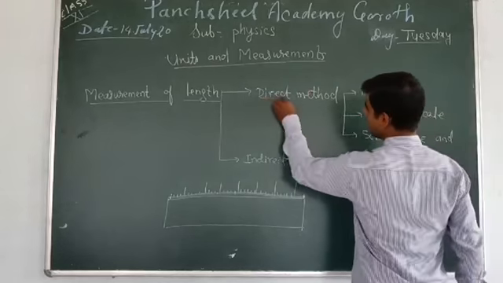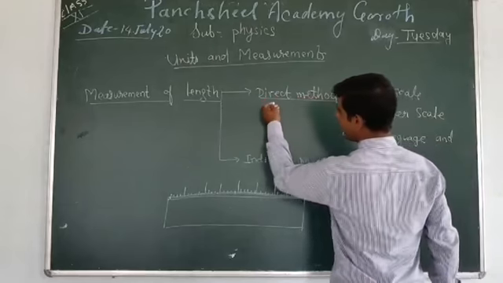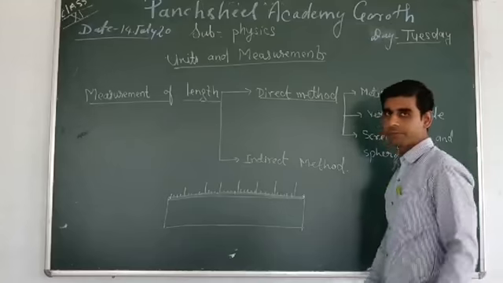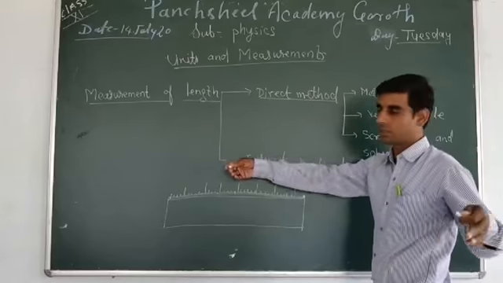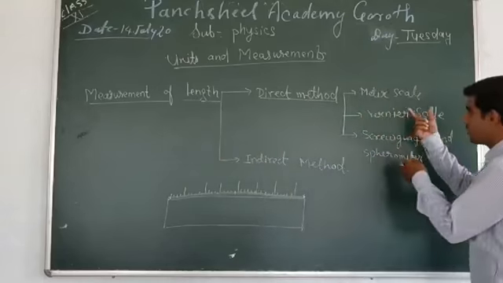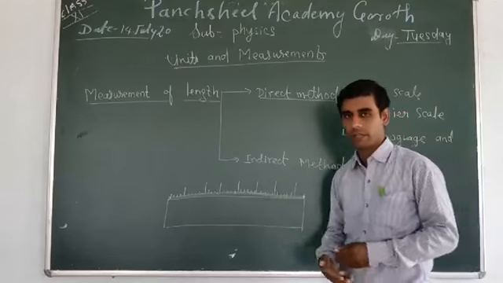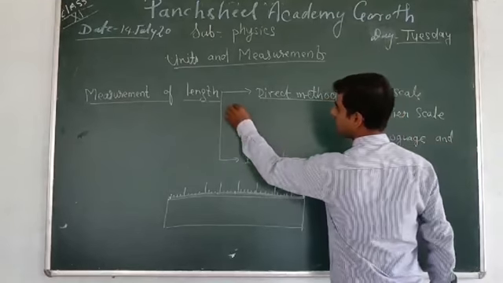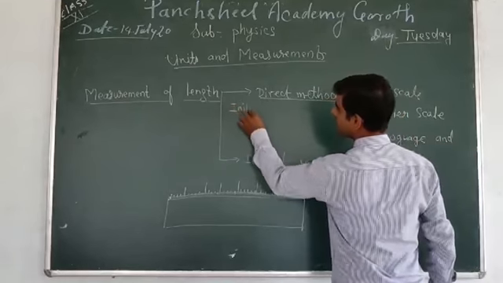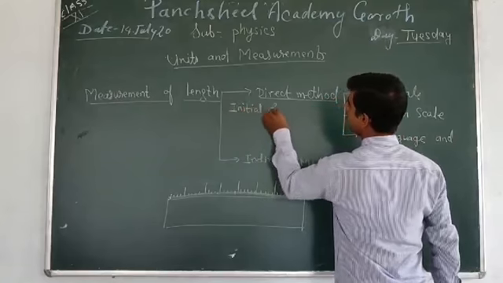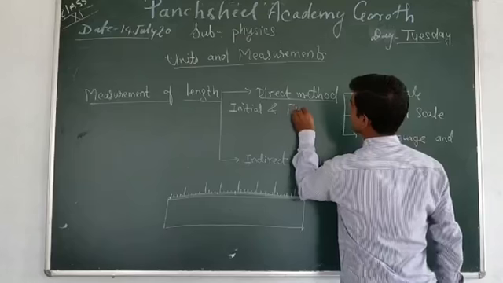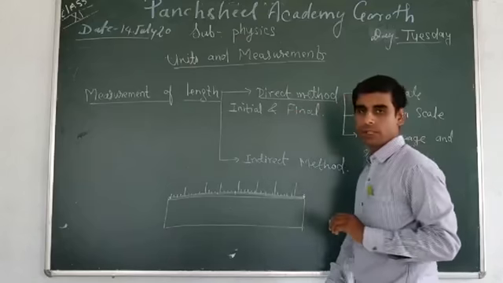Why is this method called the direct method? Because we measure directly from these instruments, and the measurement is in front of the eye. One initial and final point.